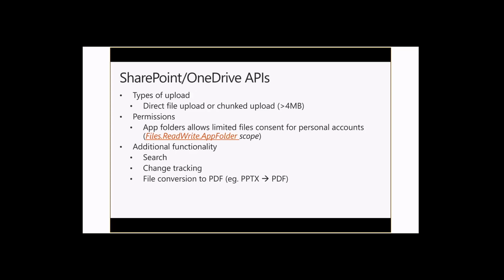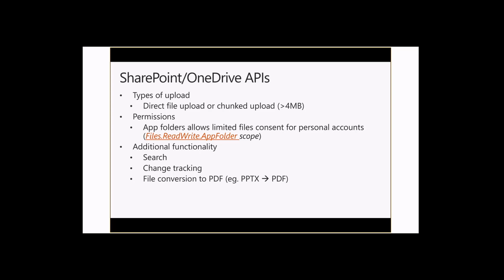As I mentioned, the SharePoint and OneDrive APIs provide a lot of rich I/O functionality. You can do a direct file upload where you pass a particular content type and a serialization of that data. This could be an image binary, a text file, or an Excel document. If it's a large file, we have a chunked upload mechanism.